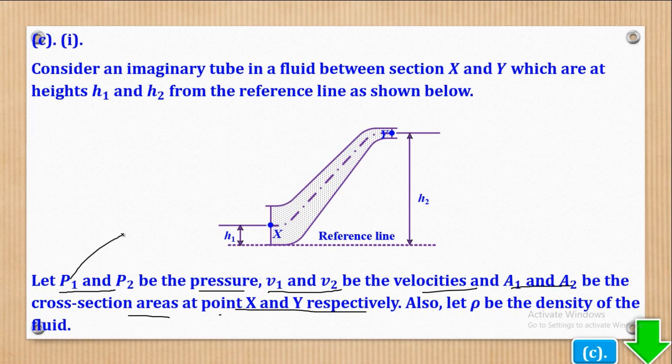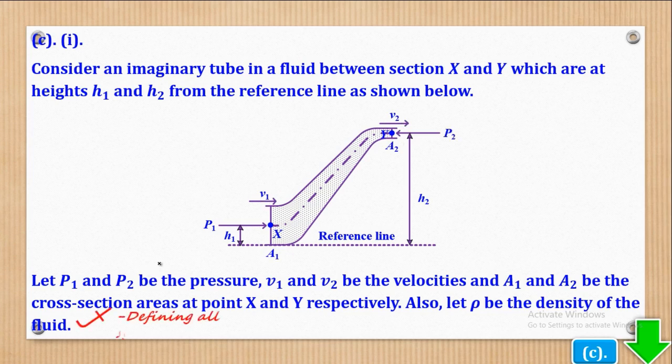So P1 is for point X, P2 is for point Y, A1 is for point X, and A2 is for point Y. At point X we have area A1, velocity v1 and also pressure p1. What about point Y? At point Y, you have area A2, velocity v2 and pressure p2. So we have a mark for defining the symbols to be used.